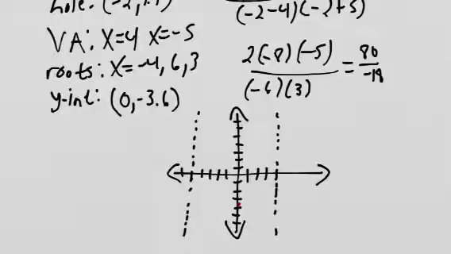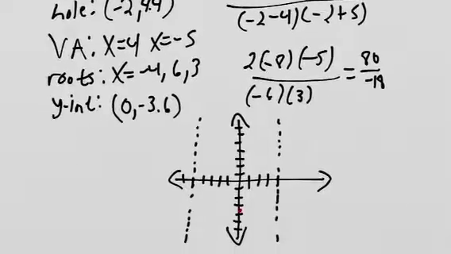We have a hole at -2 comma 4.444444444. All right, so we put that in. So -2, and then about 4.5 we'll put it at. Okay, so there's our hole.